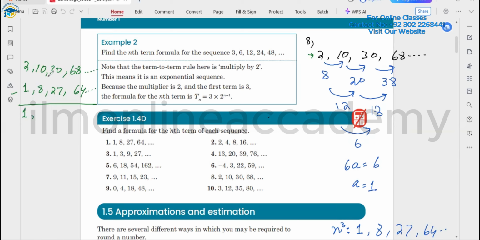So 2 -1 will be 1. Okay, 10 -8 will be 2, 30 -27 is 3, 68 -64 is 4, and so on. These are representing n, like 1, 2, 3, 4, and so on. So your nth term will be n cube plus n.